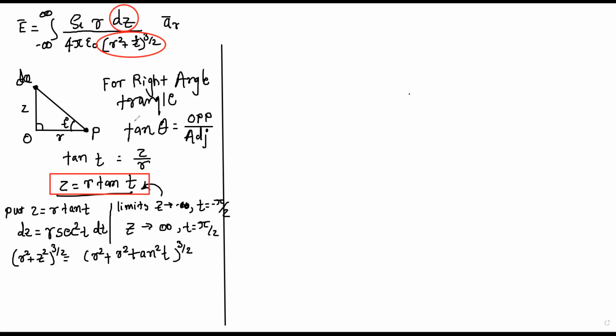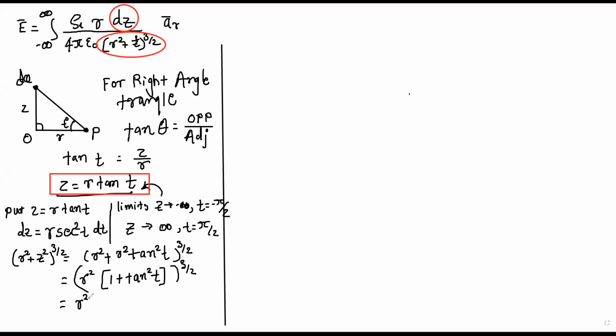सो हियर we can take this r square common. r square common घेतल्यानंतर काय राहील, it would be 1 plus tan square t, and this whole bracket raised to 3/2, right? So here I can write now, what is meaning of 1 plus tan square t?